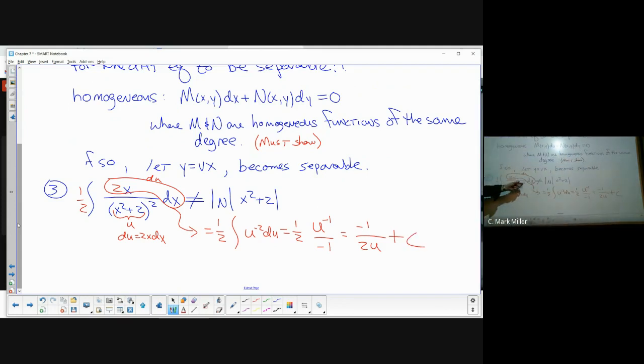Now instead of 2, how about if you had a 1/2? Same thing. How about if you had cubed? Same thing. You got something to a power, which is the -2 power in this case, times something that can be made into its derivative. The derivative of the inside, not the derivative of the whole bottom.